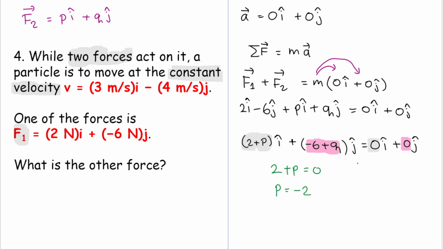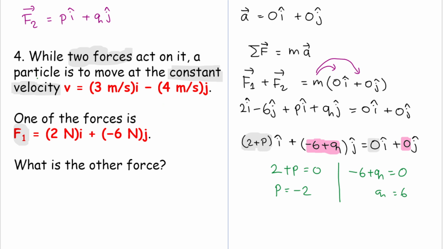Good. And then for the pink one here, the highlighted pink, I will have minus 6 plus Q equal to 0. And we can just add 6 to both sides. So we'll have Q equal to 6. Okay, so we have P equal to minus 2 and Q equal to 6.